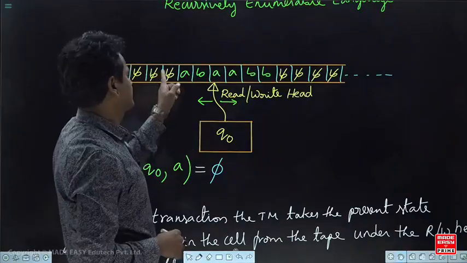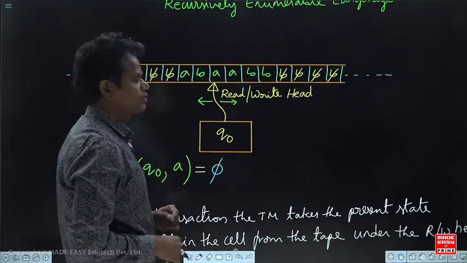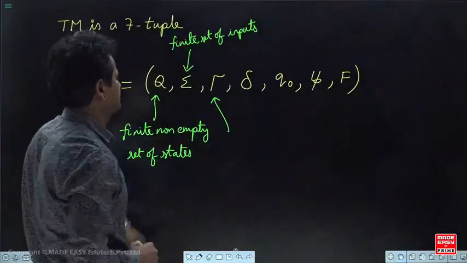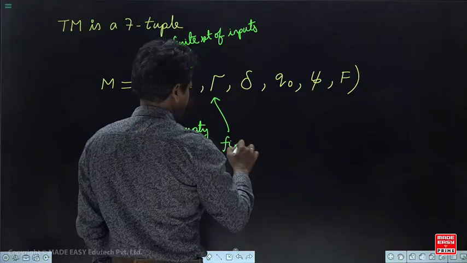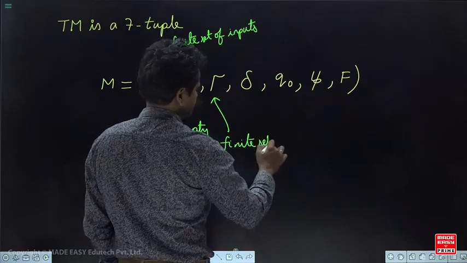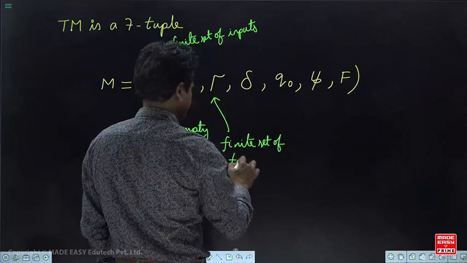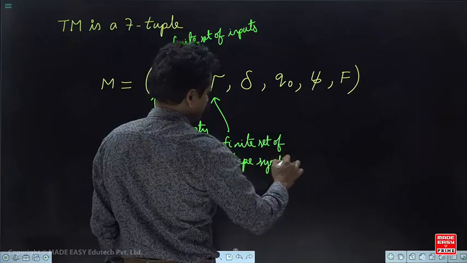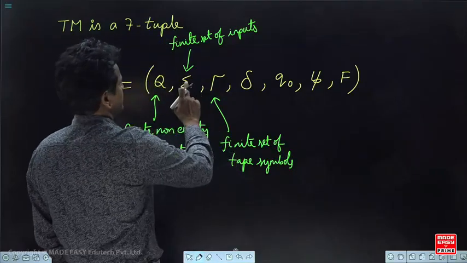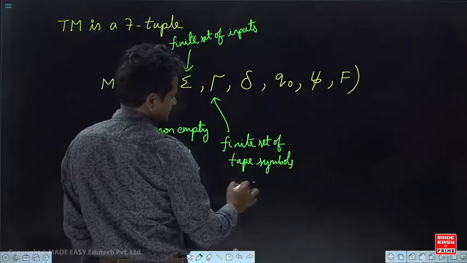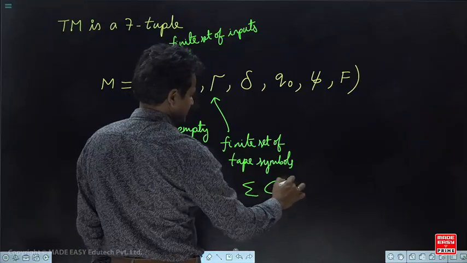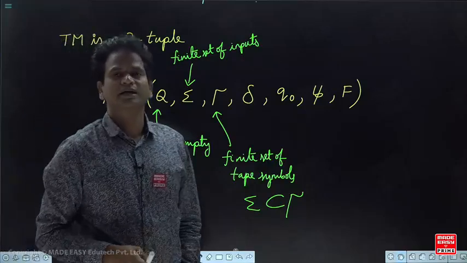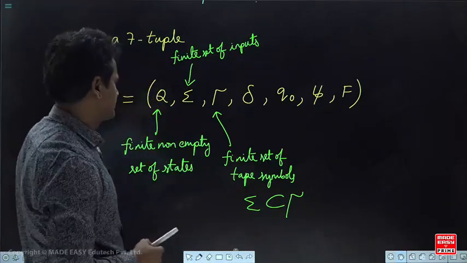I repeat, whatever symbols we use in the tape are called tape symbols. So all the tape symbols will be in tau, a finite set of tape symbols. One more thing: whatever symbols are in sigma will also be in tau. So sigma is a proper subset of tau. Every symbol in sigma is also in tau.